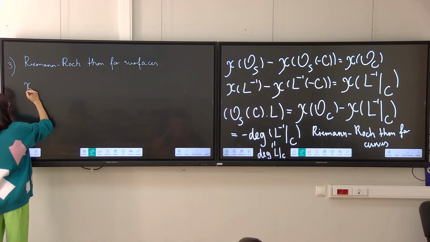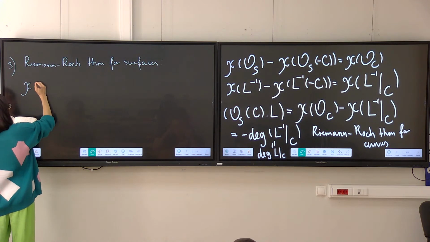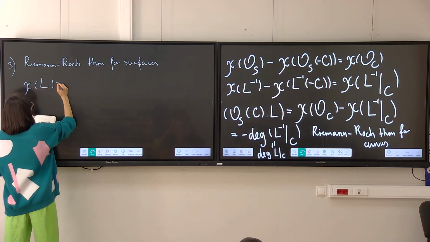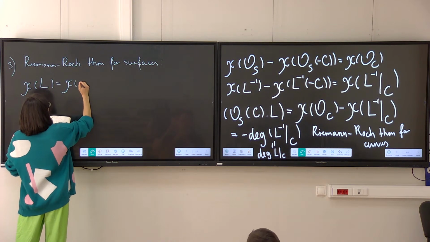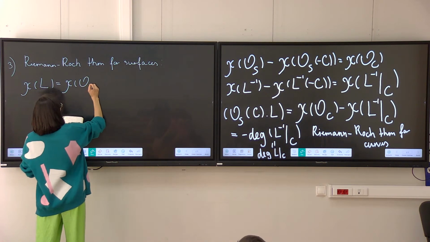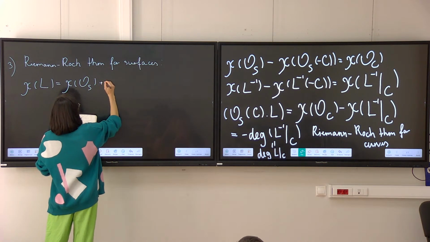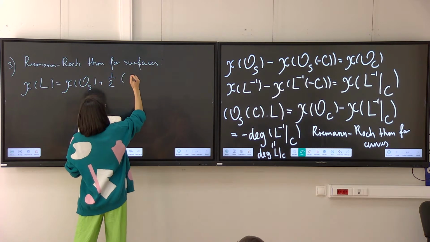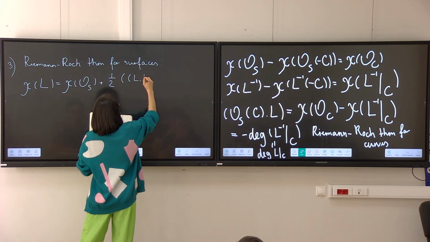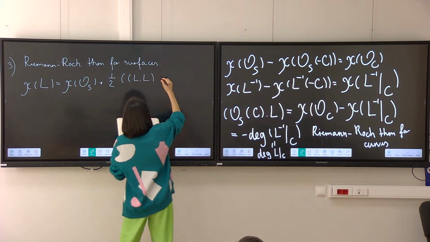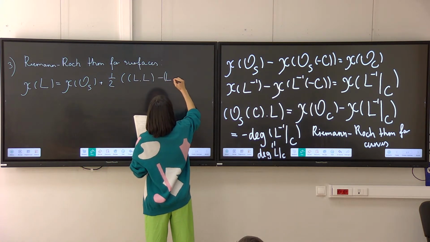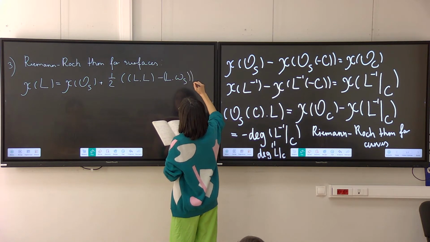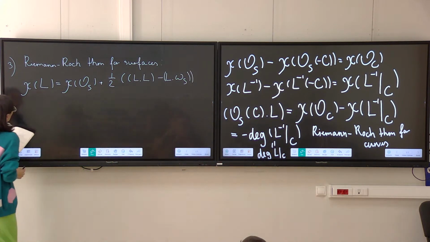The statement is the following: the Euler characteristic of a line bundle on the surface is equal to the Euler characteristic of the structure sheaf plus the intersection of L with L minus the intersection of L with the canonical bundle of this surface.